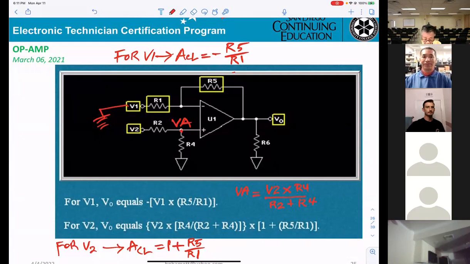Vout equals V2 times R4 divided by R2 plus R4. That's the voltage divider, this is VA, times the gain 1 plus R5 divided by R1. Okay, that is the calculation for each one, for V1 and for V2.